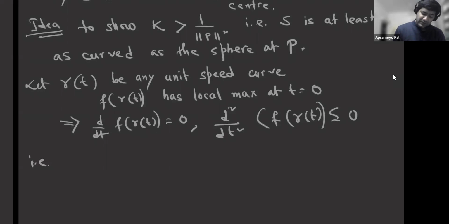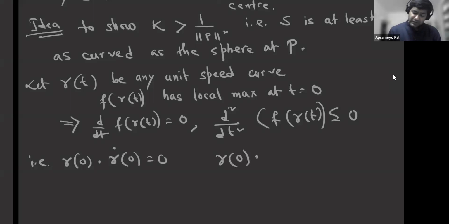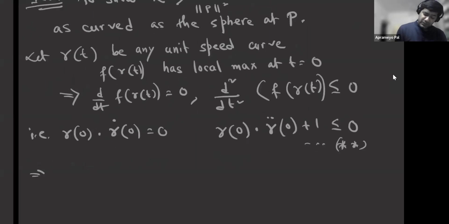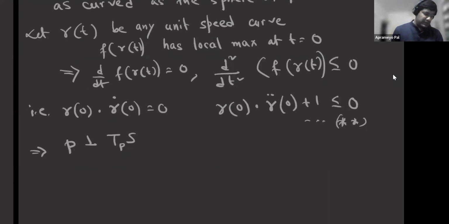In other words, gamma(0) dot gamma'(0) is 0, and using that it is unit speed, gamma''(0) dot gamma(0) plus 1 is less than or equal to 0. Let me term this as double star. So essentially you get that P is perpendicular to every unit tangent vector, and essentially then P is perpendicular to the whole plane T_P S.